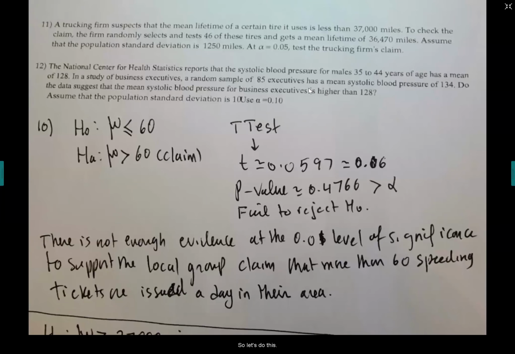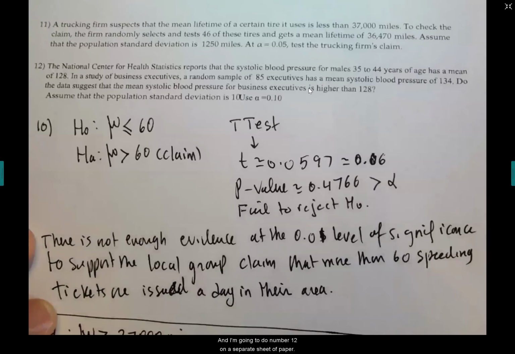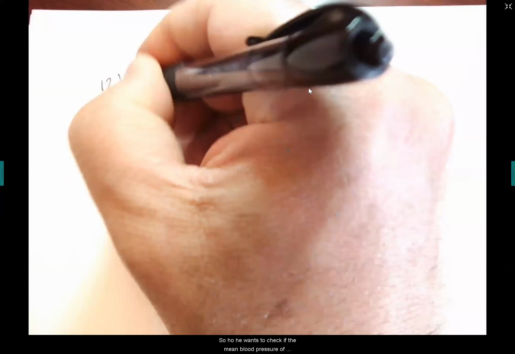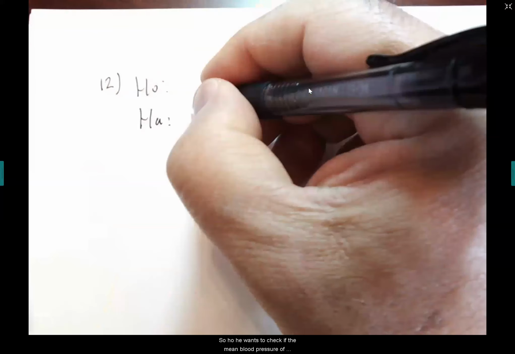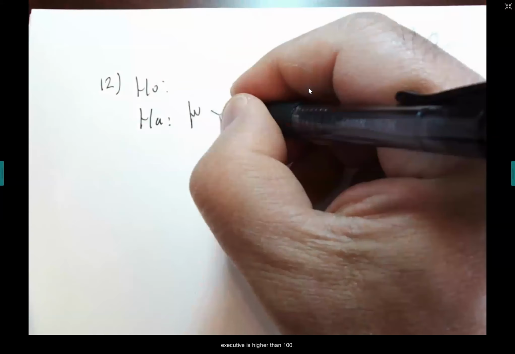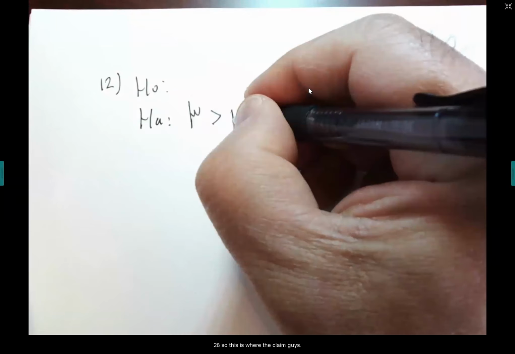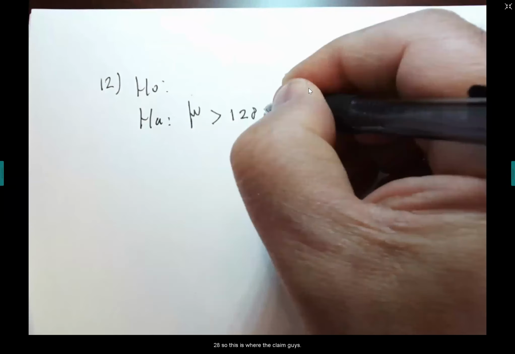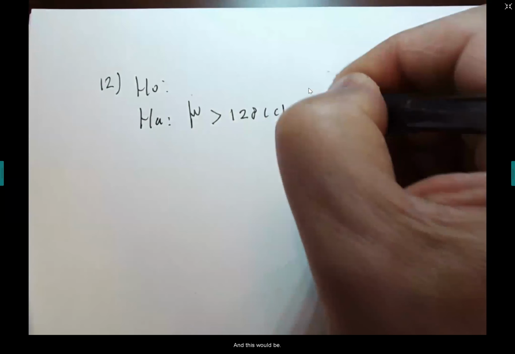So let's do this together. I'm going to do number 12 on a separate sheet of paper right here. So H0, he wants to check if the mean blood pressure of executives is higher than 128. So this is where the claim is, guys.